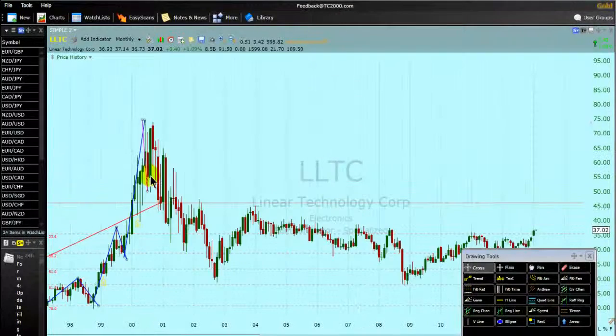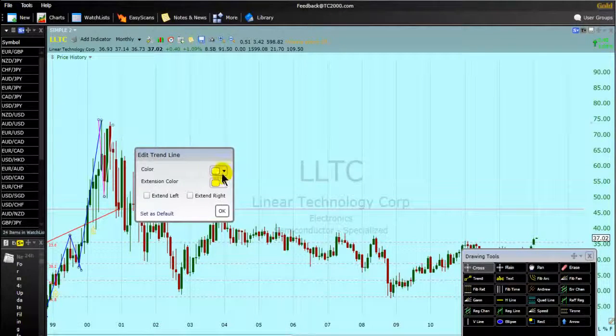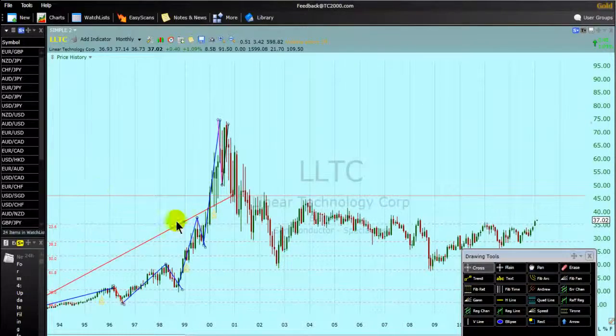Can you see it on my chart? So from this point down to this point, that was my fourth wave, and the fifth wave is this section up to this point, which I'm going to color now in black. As I said to you, feel free to disagree with me or put your comment below.